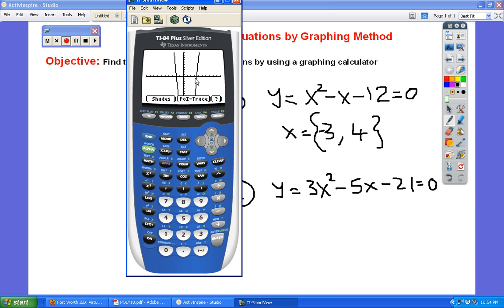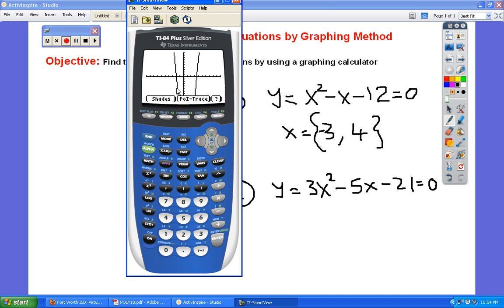In this particular case, on my right hand side, I see 1, 2, 3. This answer is between 3 and 4. It's probably like 3.5. We're not sure. The other one looks like between -1 and -2.